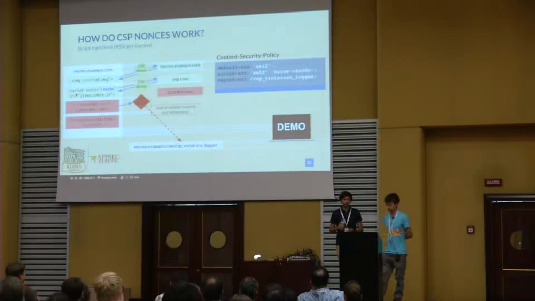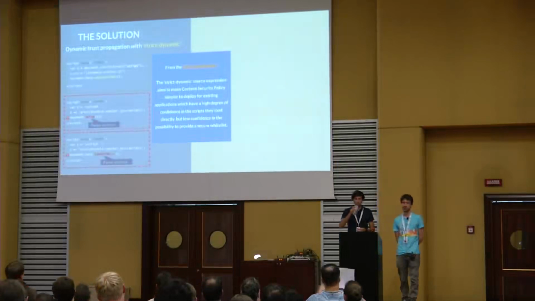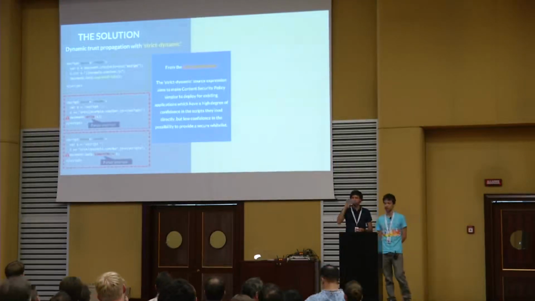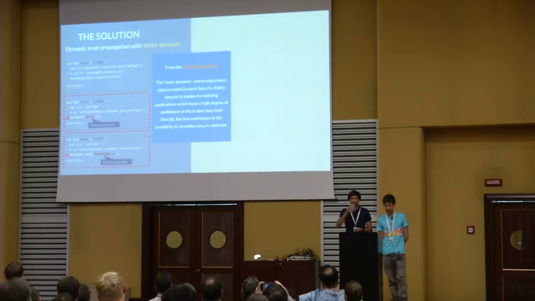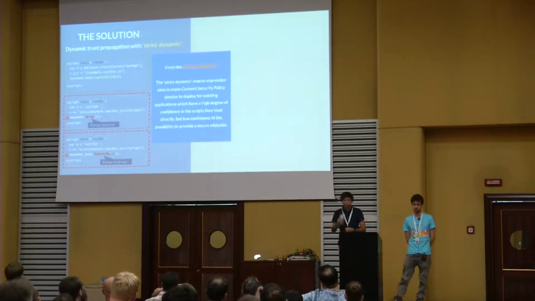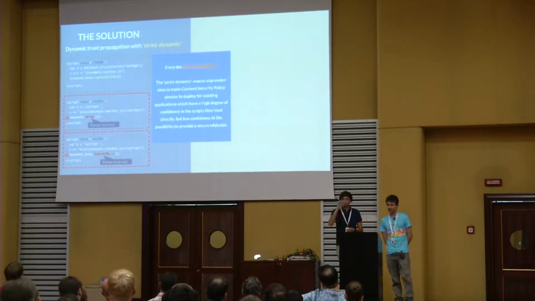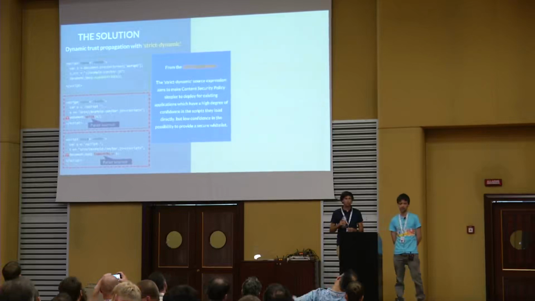So a possible solution, what we thought of and what we already propose in the CSP3 specification, is to add a new source expression to script-src, which we call strict-dynamic. The strict-dynamic source expression aims to make CSP deployment simpler, and a CSP with this new source expression should work out of the box.